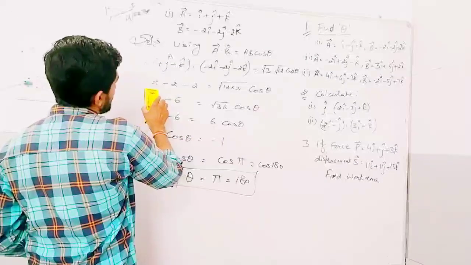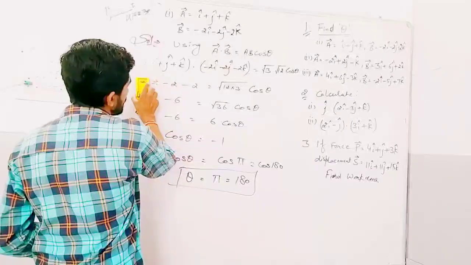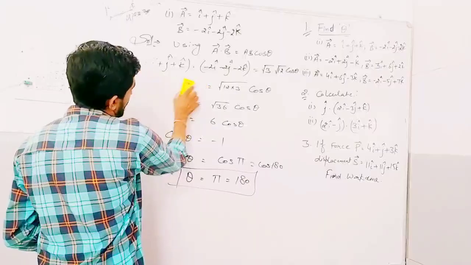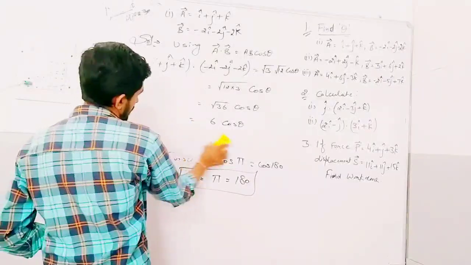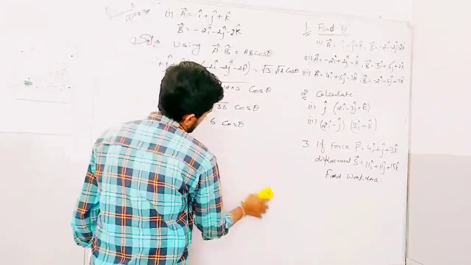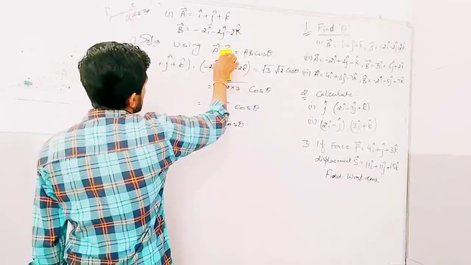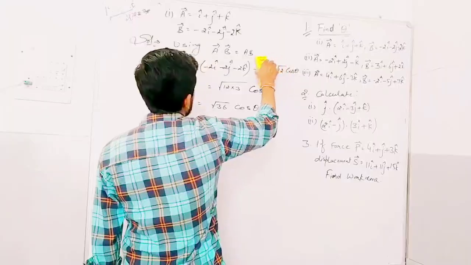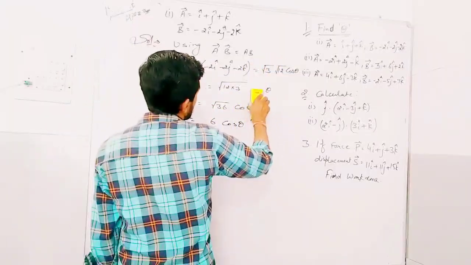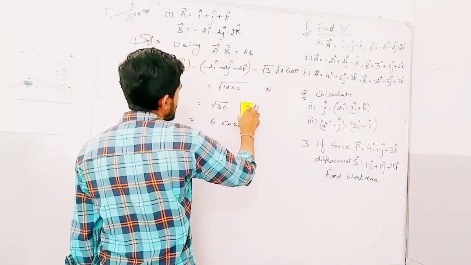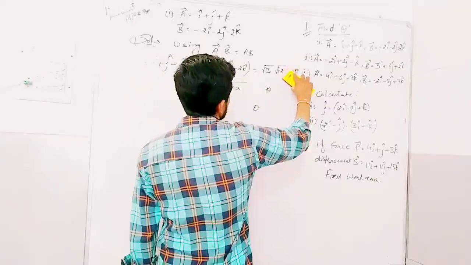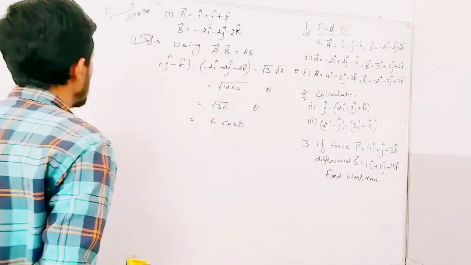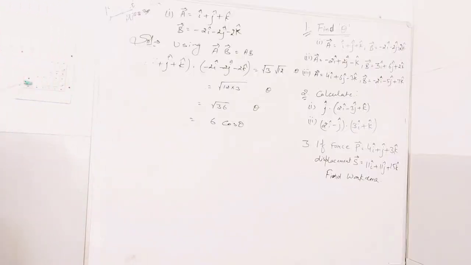Now I am replacing this with the cross product, and here cos changes into sine, and here also it will become sine theta. Okay, let's do it.